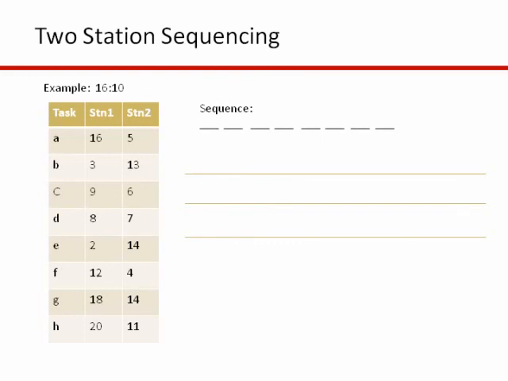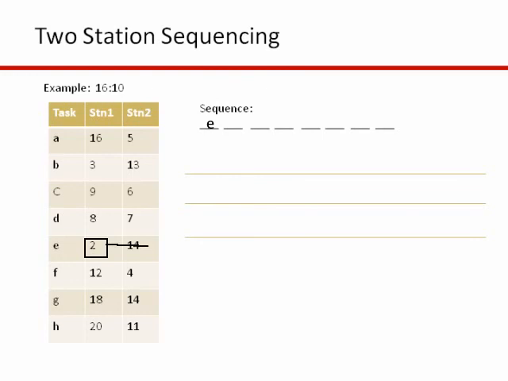All right, so if you look here, you can see that the minimum time here is this 2. E has a time of 2, that's the lowest time. And so we're going to sequence E to the left because it's on the first station. Once we sequence it, we eliminate it from further consideration.